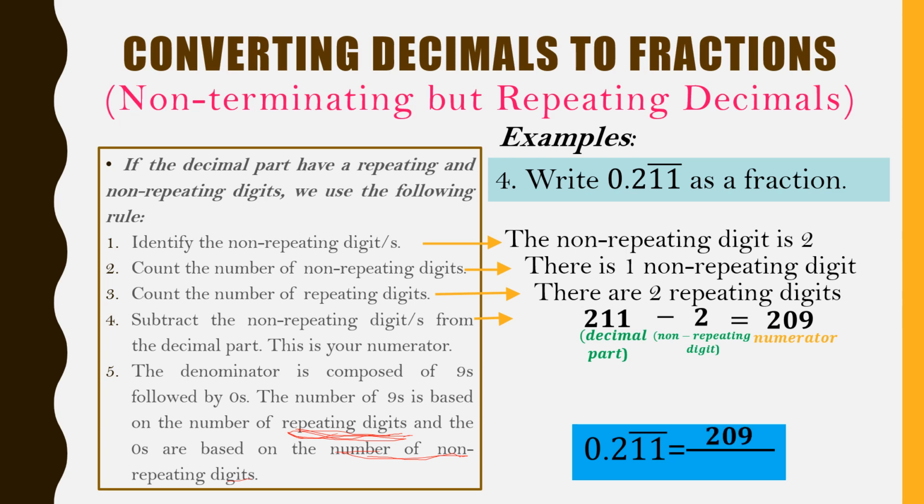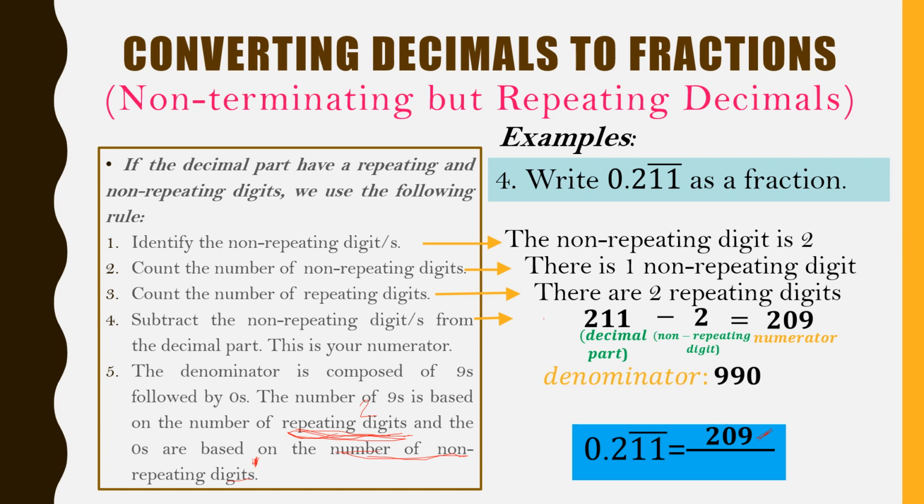So we have 0.211 is equal to 209. We have already obtained this from step 4. And then we have 2 repeating digits, right? So we have to include 2 9s in the denominator, and then we have 1 non-repeating digit, so we are going to put 1 zero in the denominator.